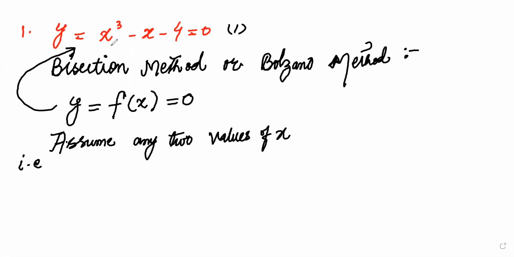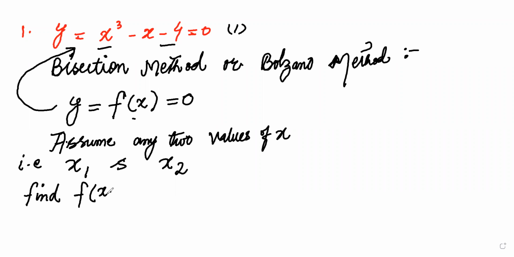We have to find the root of this equation, y as a function of x equal to 0. Take any two values of x, x1 and x2, and find f of x1 and f of x2.